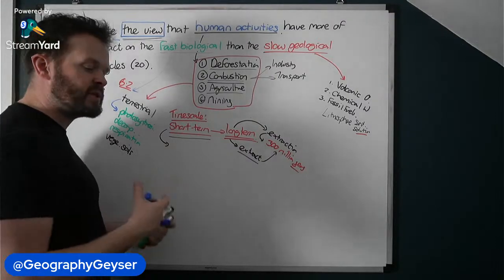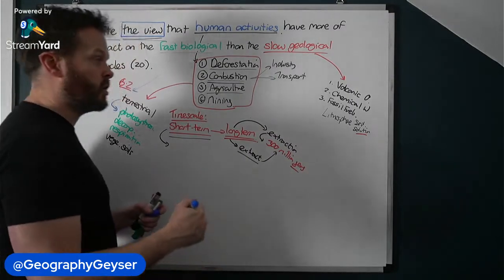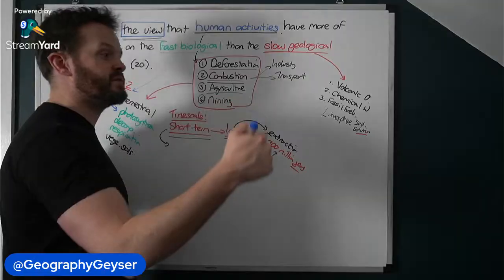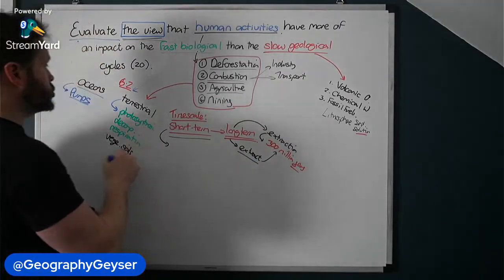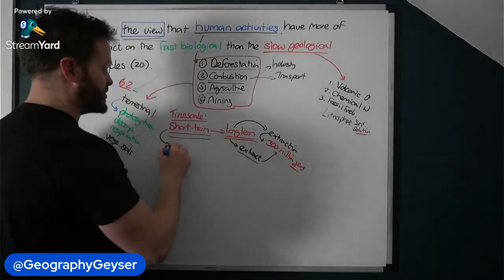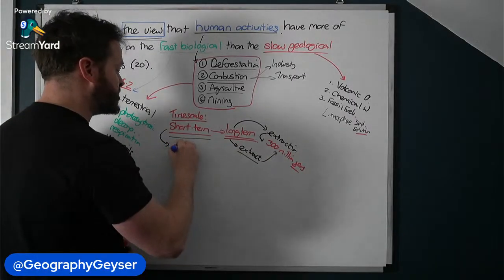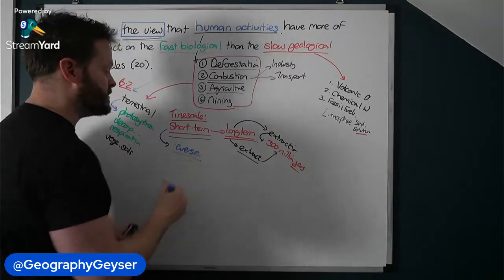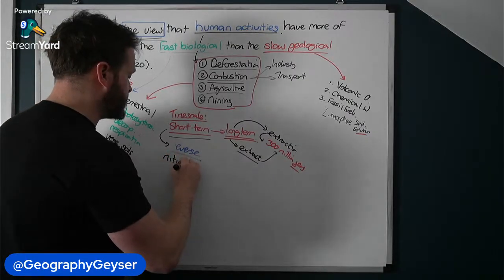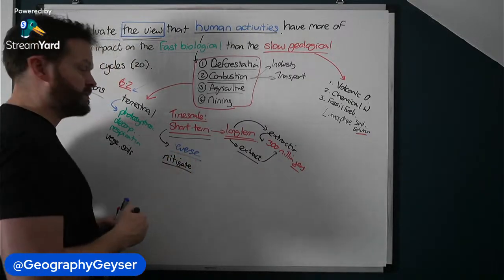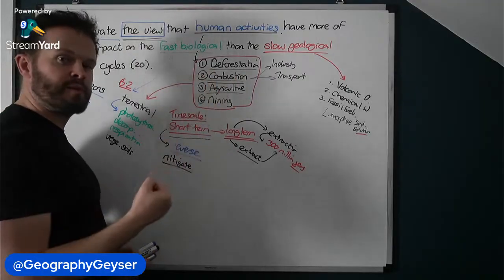Yeah, because everything that we're doing has a knock-on effect on a process that takes hundreds of millions of years. It's more difficult to then undo, whereas our short-term impacts on the fast biological cycle, we can actually, to a certain degree, reverse them. Yeah, or we can start to mitigate. We can start to utilize carbon capture and storage.